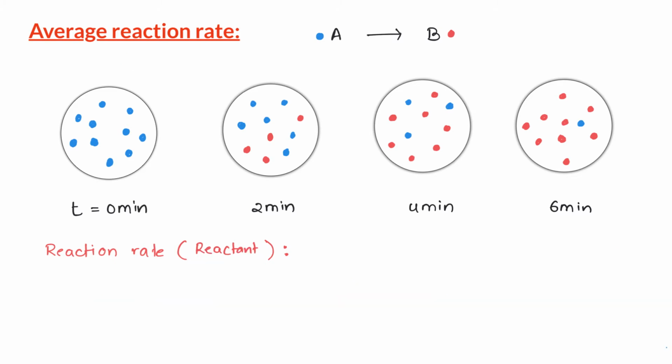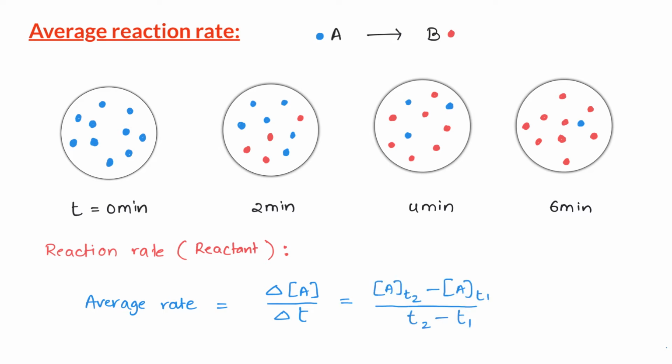Let us now express the average reaction rate in terms of the rate at which the reactant A disappears in the reaction. The average reaction rate with respect to A, that is delta concentration A divided by delta T, is equal to the concentration of A at time t2 minus the concentration of A at time t1 divided by t2 minus t1.